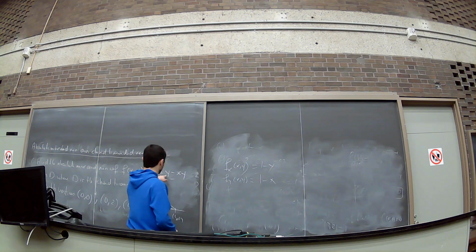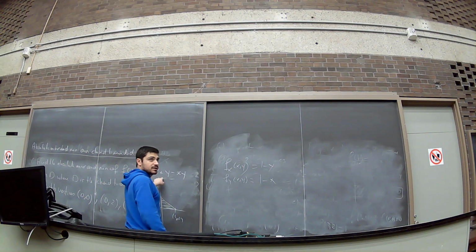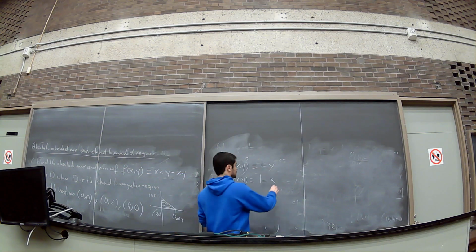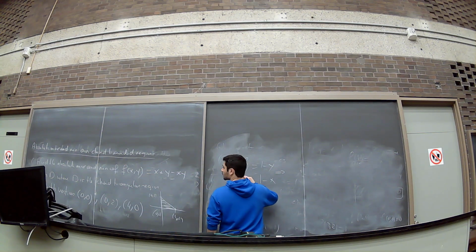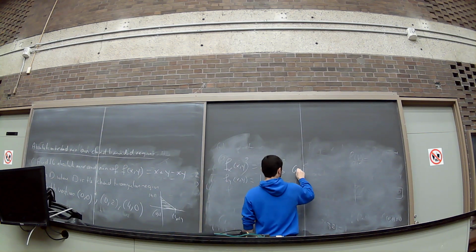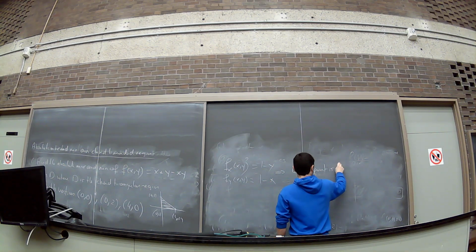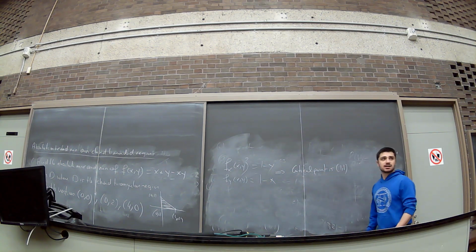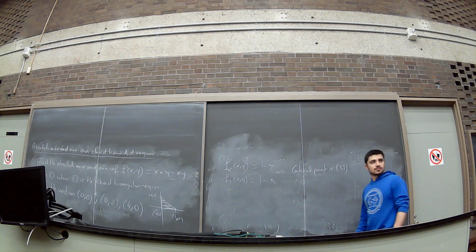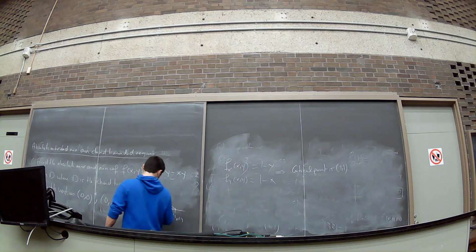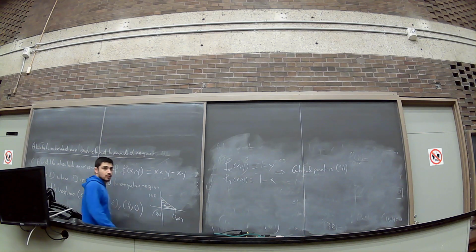Do we see this? Yes or no? What is the critical point? The critical point is (1, 1). Does (1, 1) lie inside my region or not? It lies inside my region. So far so good.